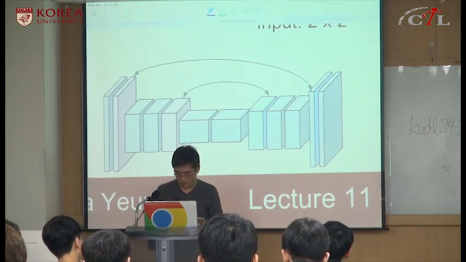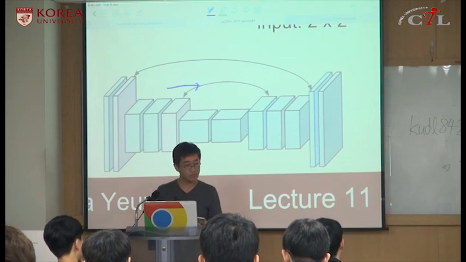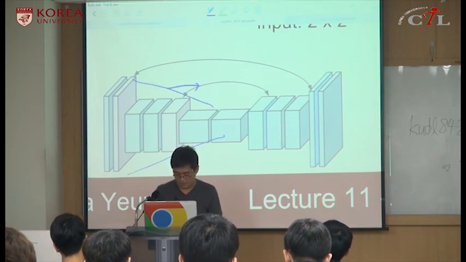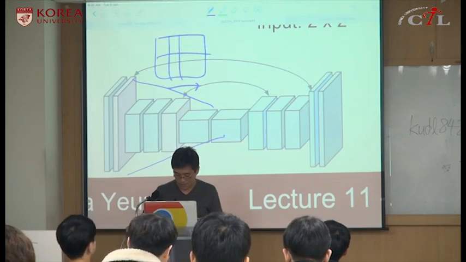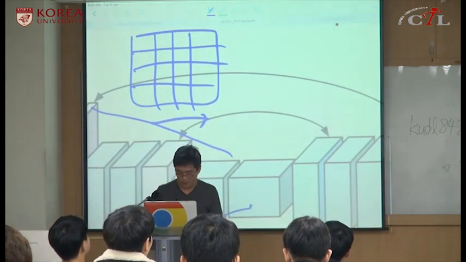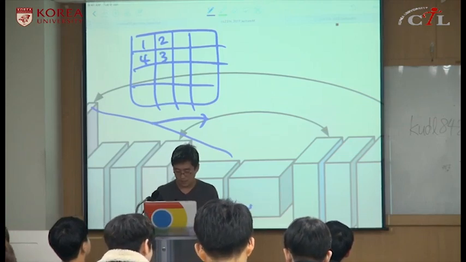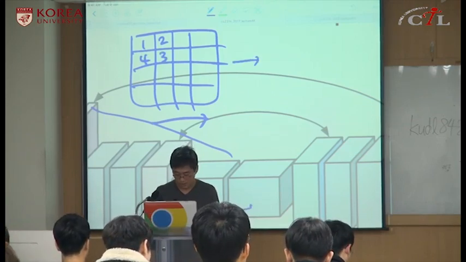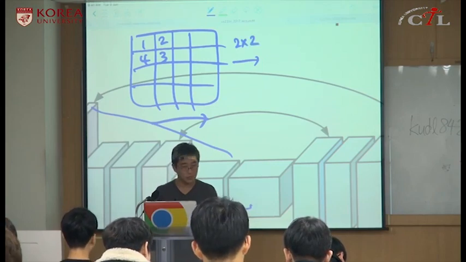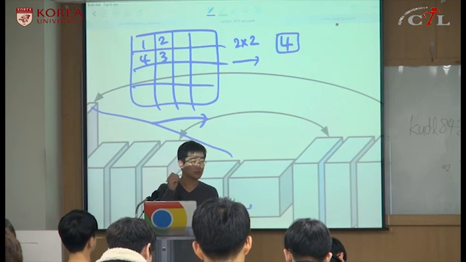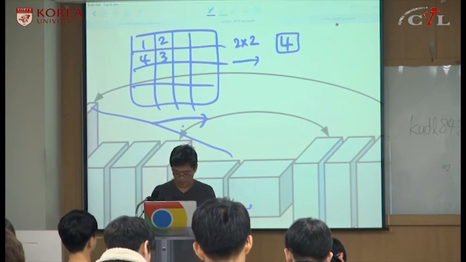So if we did a max pooling during our encoding phase, along these 4x4 pixel values, 1, 2, 4, 3, and we apply 2x2 max pooling, then 4 will be chosen at this particular layer, right?